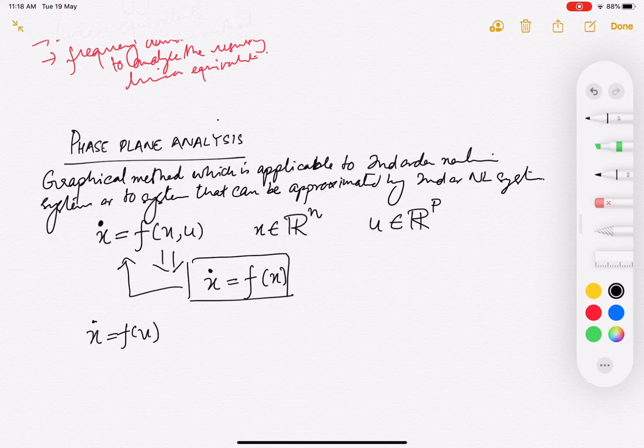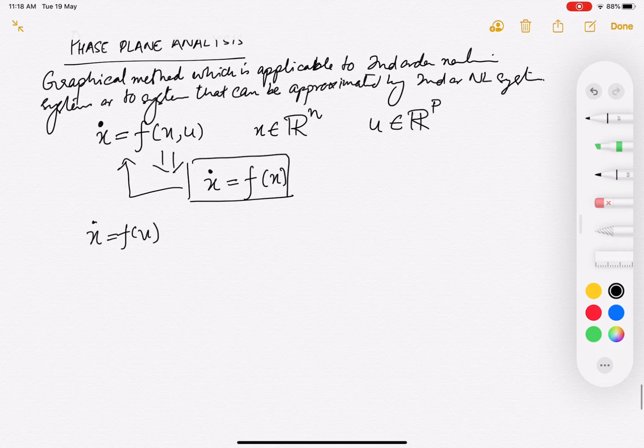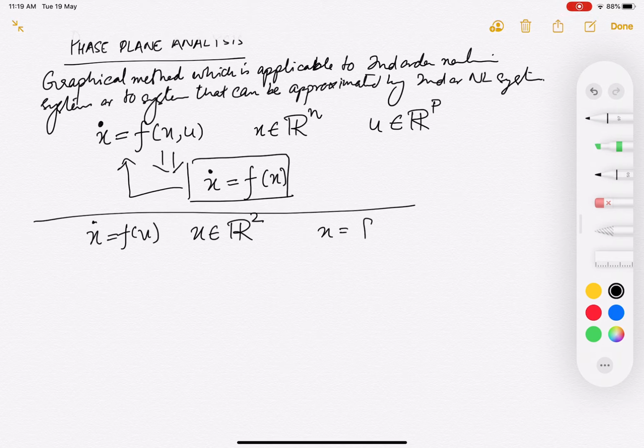Now since we are talking about second order systems, x actually belongs to R squared, because the order of the system is equal to the number of the states of the system. So if x belongs to R squared, that means x is actually a vector (x1, x2).